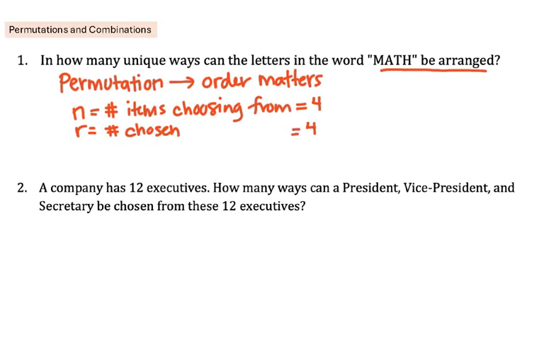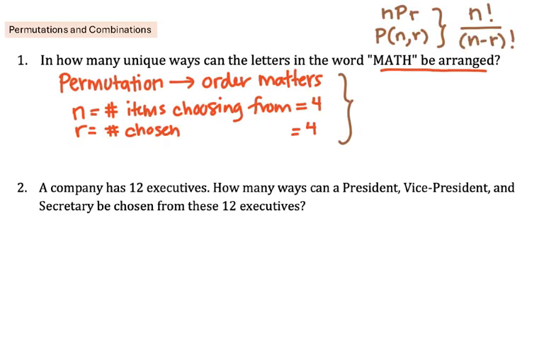We're just rearranging them. So for a permutation, I'll write it up here, the formula N permute R. Sometimes they write it P with a bracket N R. Either way, the formula is the same. It's N factorial over N minus R factorial.